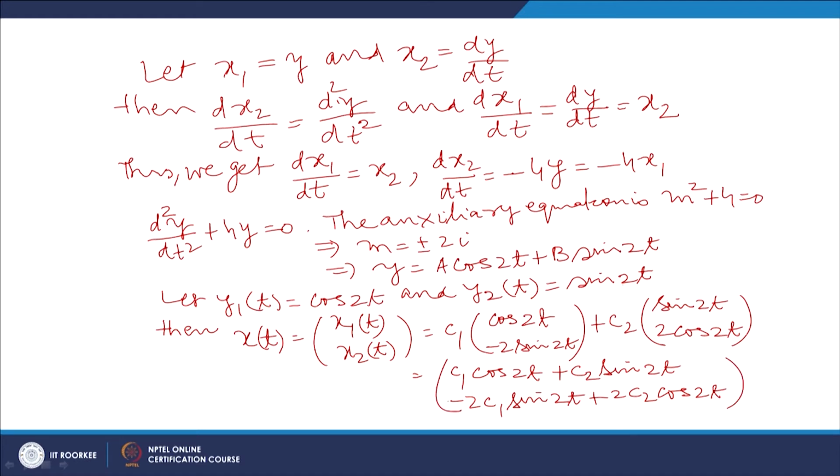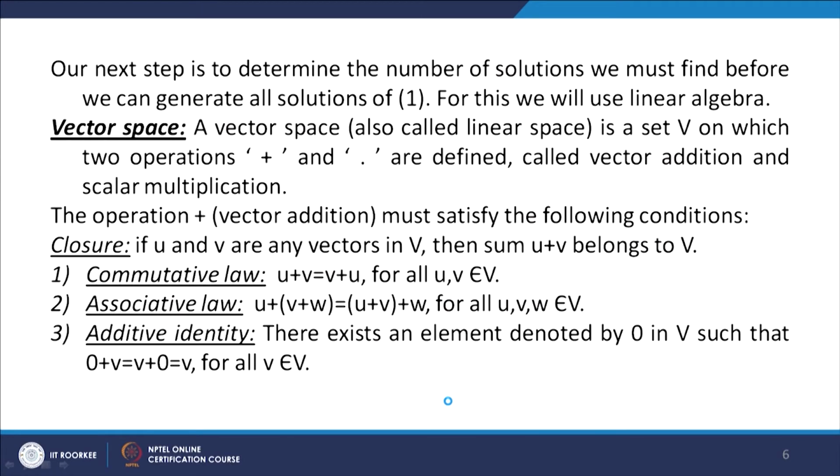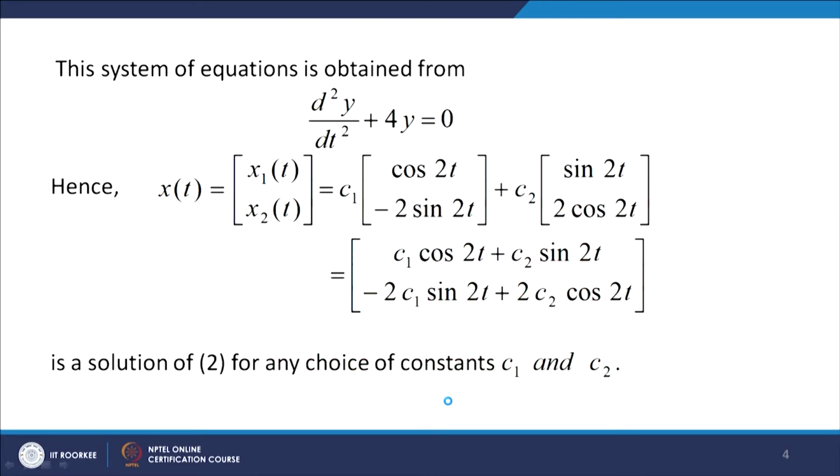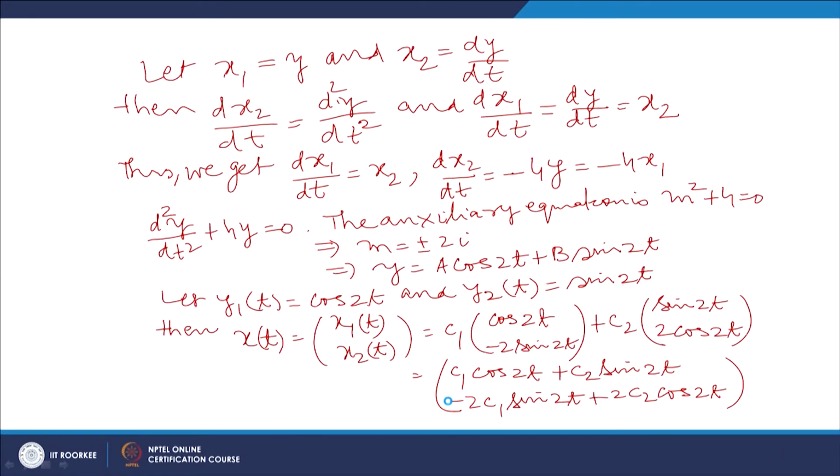So this gives us x(t), this is the general solution of the given system of equations for any choice of constants C1 and C2. You can see x(t) is equal to C1 times cos 2t plus C2 times sin 2t, then minus 2 C1 sin 2t plus 2 C2 cos 2t. This is a solution of the given system for any choice of constants C1 and C2.